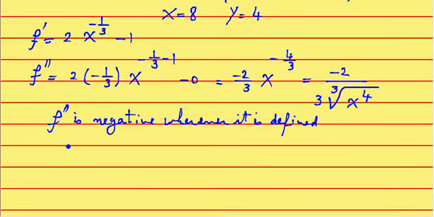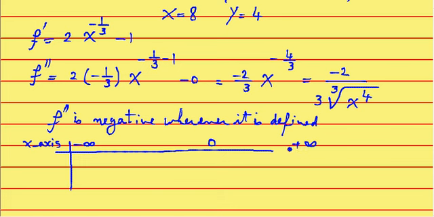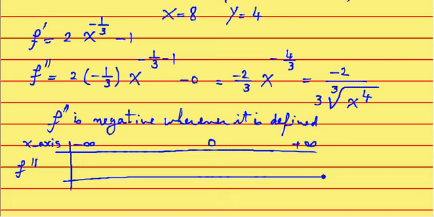Here, let me make it more formal for you if you are about to get out of your seat. Here's x axis. The only critical point of this thing is 0. From minus infinity to plus infinity, f double prime. Here it's undefined. It's actually negative infinity if you wish. Whatever number you put here as a test point becomes negative. Here you put another test point. Here again it becomes negative.